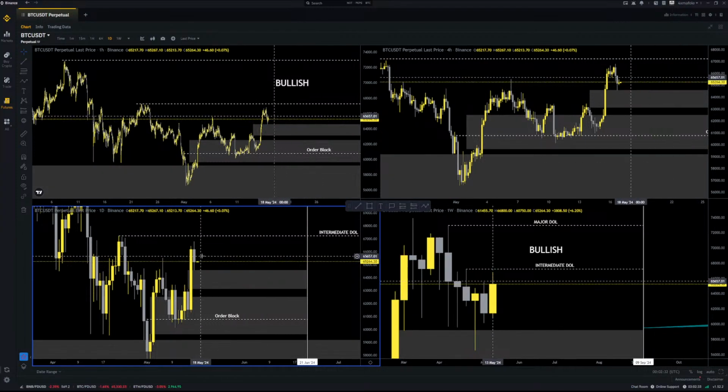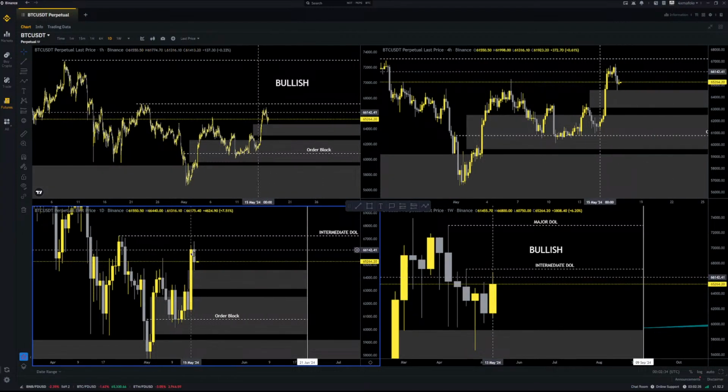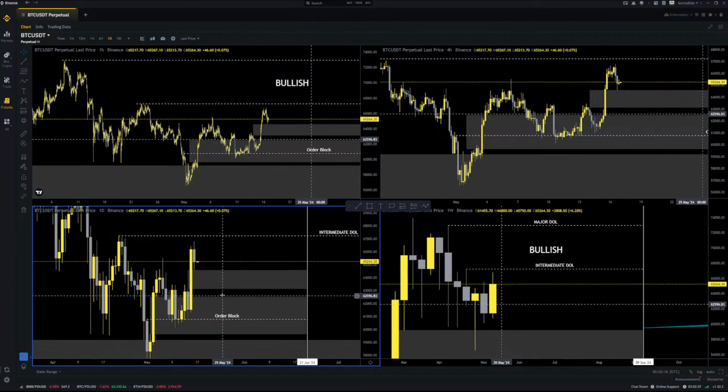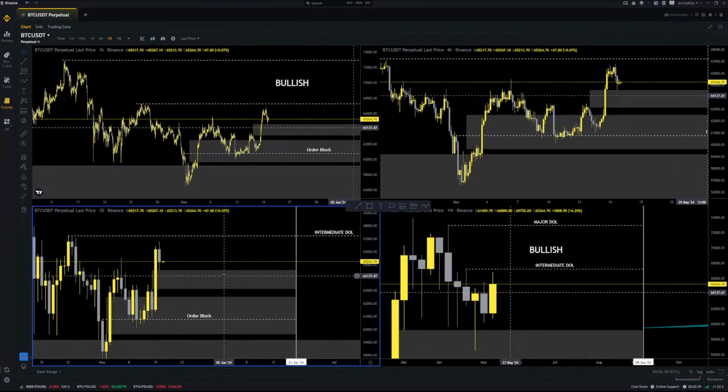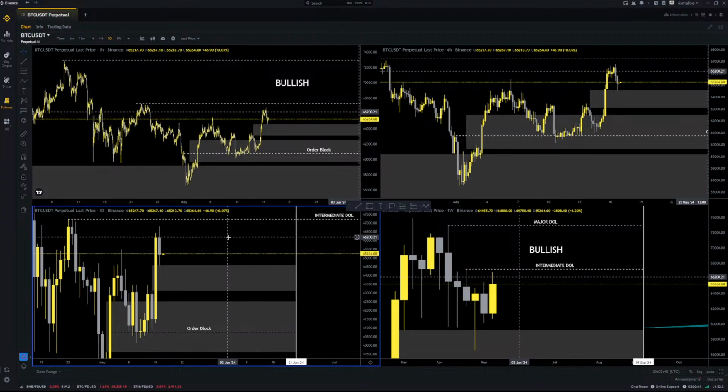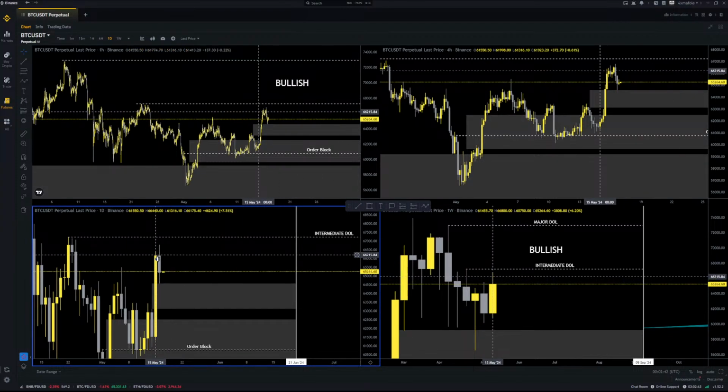We are either going to seek these equal highs, then go down, else let's see how the market plays out for the day. But I'm bearish right now.